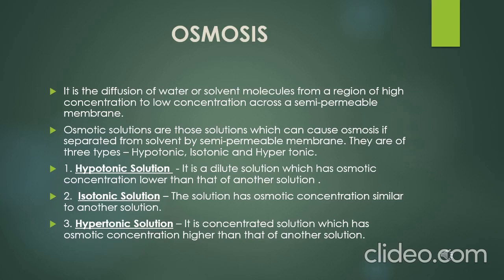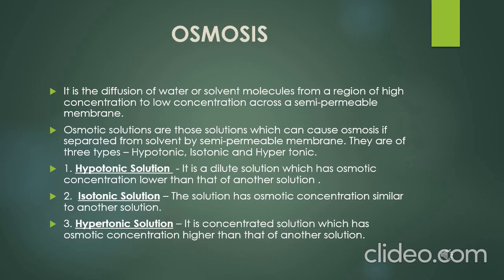osmotic solution. First is hypotonic solution. What will happen in that? It is a dilute solution which has osmotic concentration lower than that of another solution. In that hypotonic solution, it has osmotic concentration lower than that of the other solution, meaning inside the cell it has lower concentration.